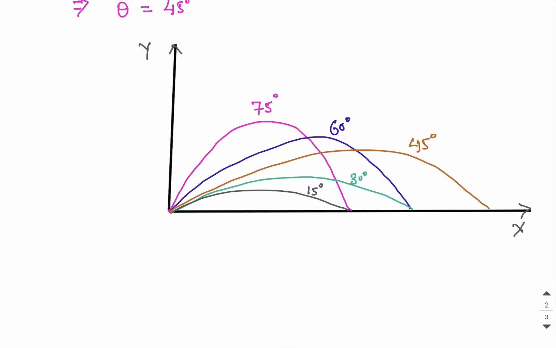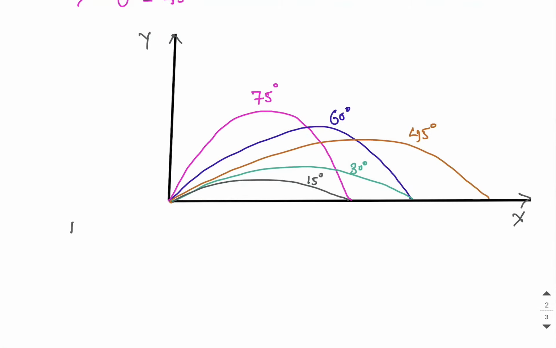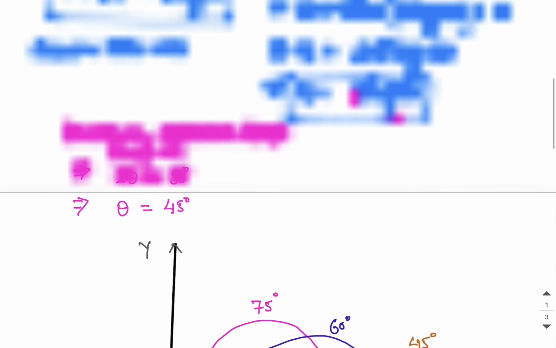So what do you see from this equation? The maximum range is at theta equal to 45 degrees. We already have calculated this.